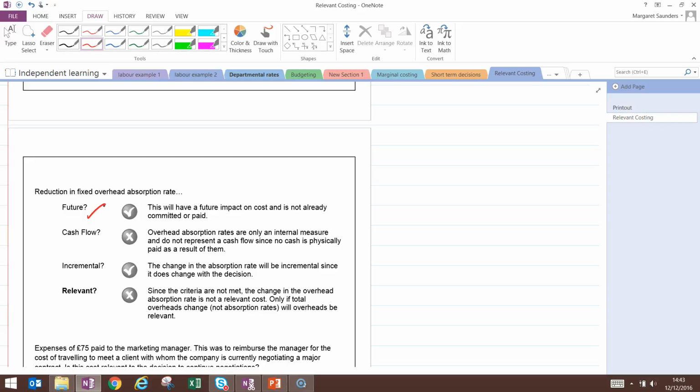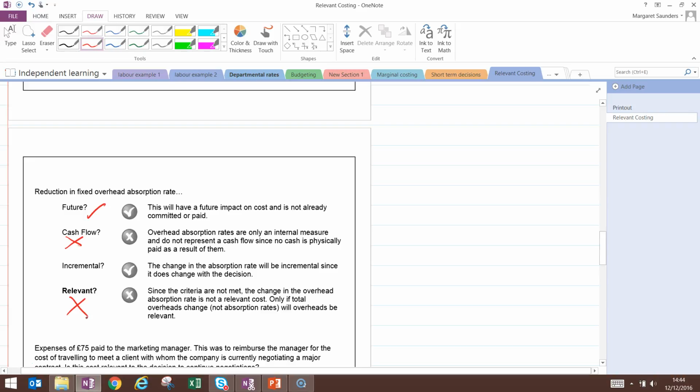Overheads absorbed are not an actual cash flow. It's only when we incur the overheads and receive the invoices that it's a cash flow. So here we're just talking about an adjustment. So it's not a cash flow, so therefore we don't need to consider the third criteria because we know it is not relevant.